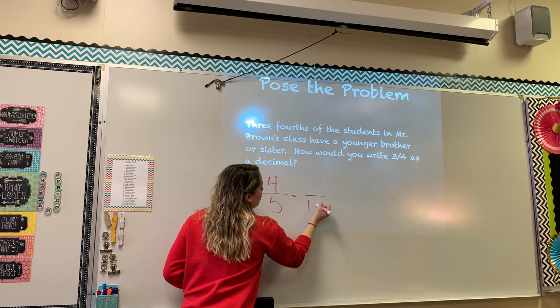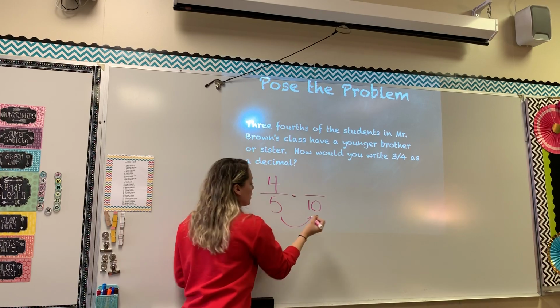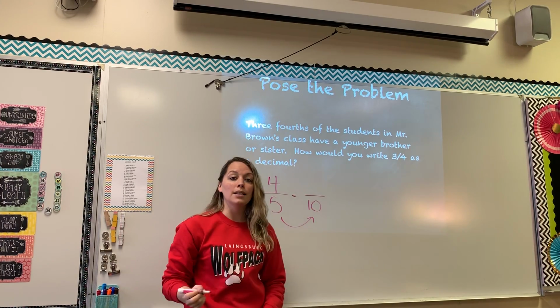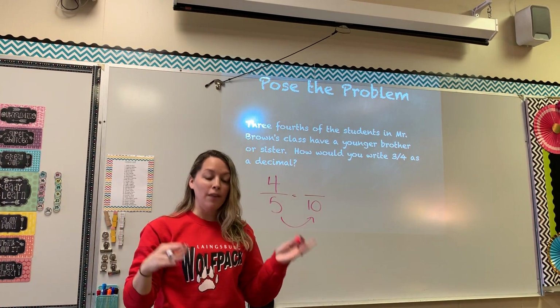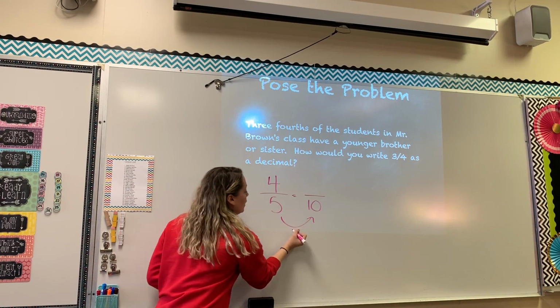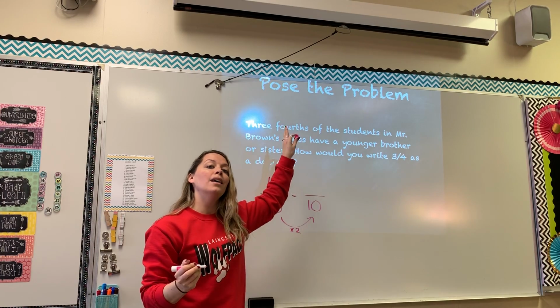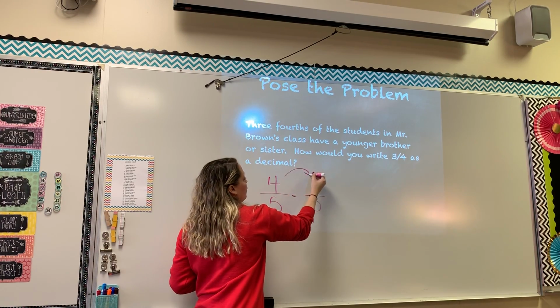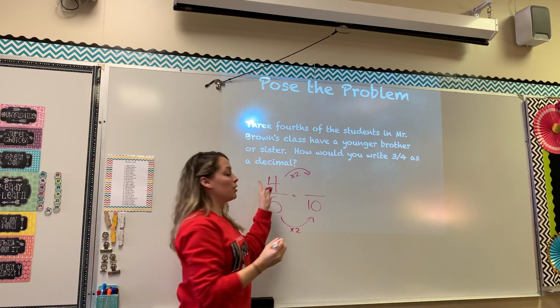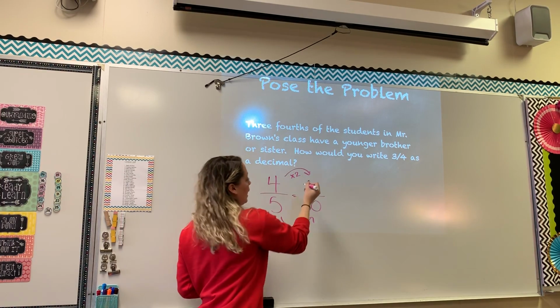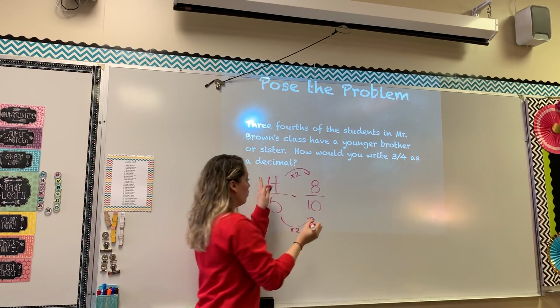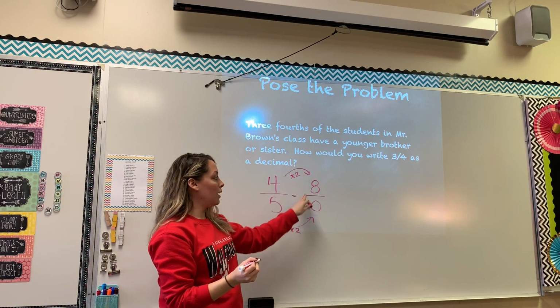Let's see if that even works. 5 times what is 10? Well, 5 times 2 is 10. So that time it worked, and whatever I do to the bottom, I have to do to the top. So I will do 4 times 2. 4 times 2 is 8. So 4/5 is changed to 8/10.